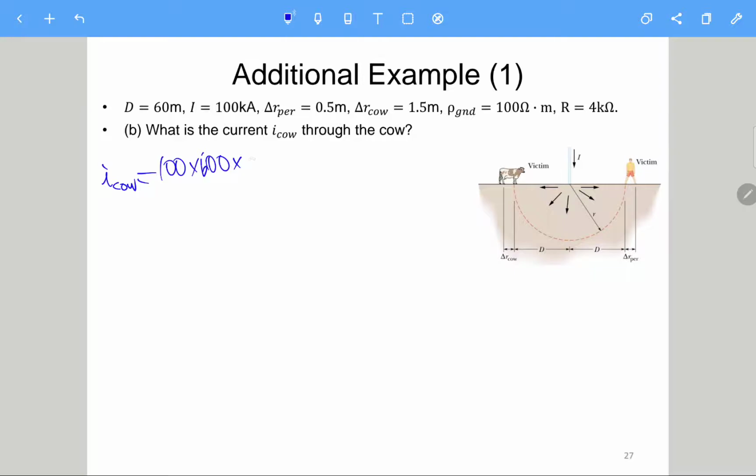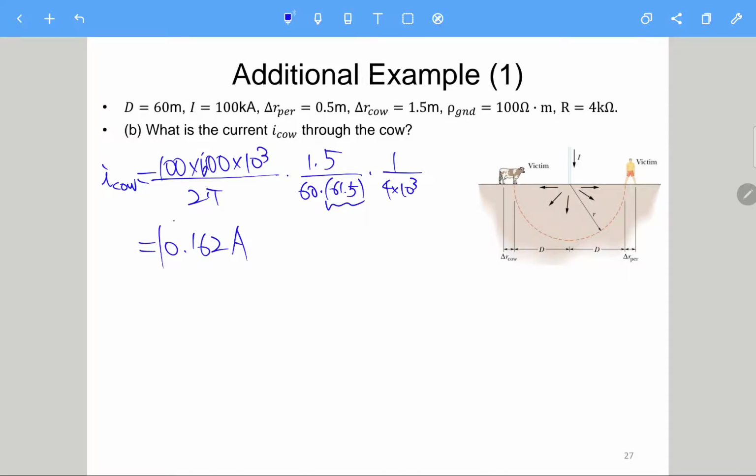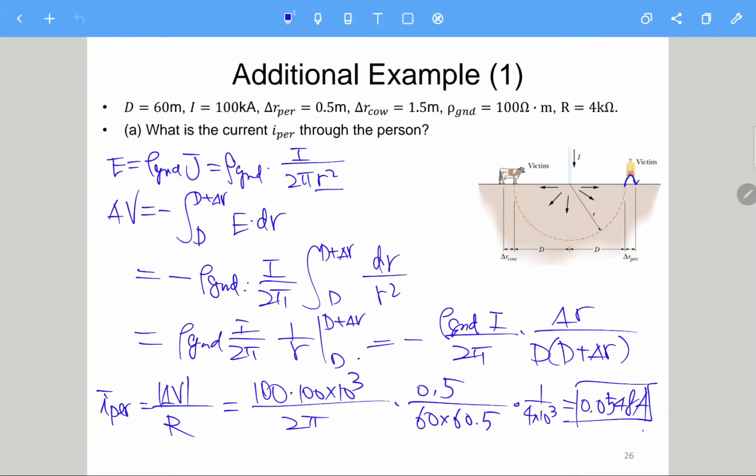It is 1.5 over 60 times 61.5, because for the person this is 0.5, and for the cow this is 1.5, and then times 1 over 4 times 10 to the third power, so this is 0.1628. So the current going through the cow is much larger, actually 3 times larger than the person.